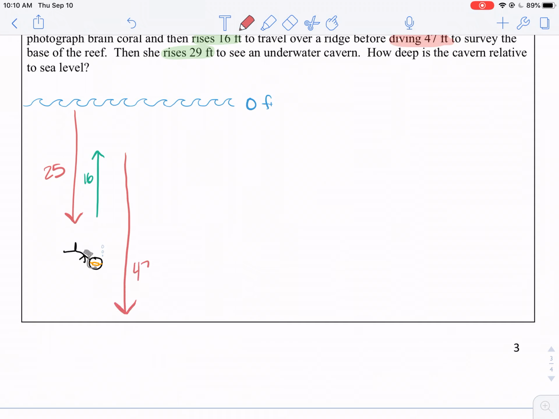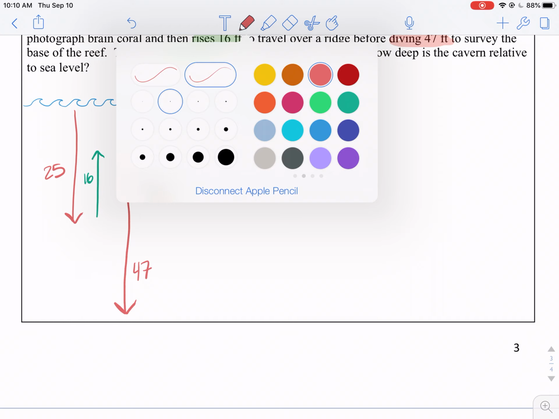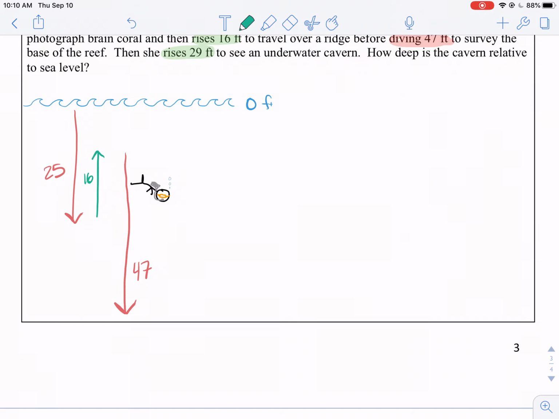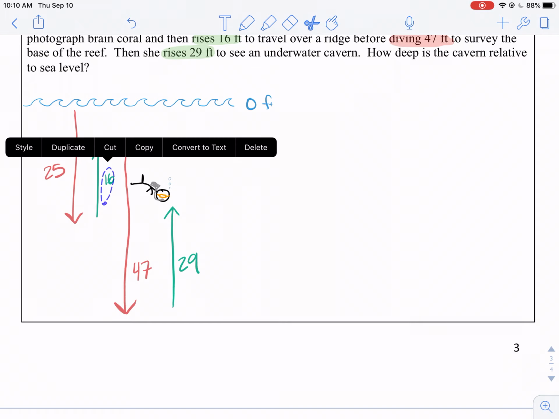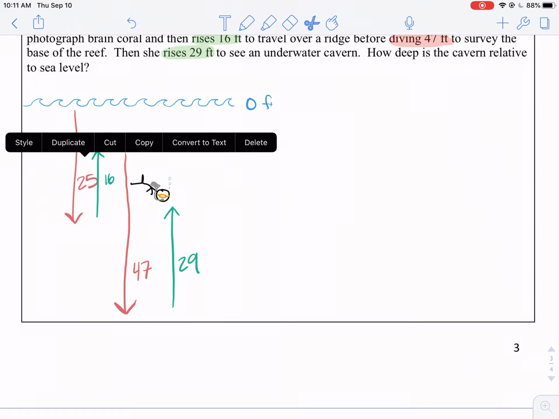Wow. And then after she dives down to the floor, she goes up to see the cavern. And from there she went up 29 feet. Now, this is not to scale, so don't judge me. And thank you for not judging my artistic skills. But there we go. Okay.